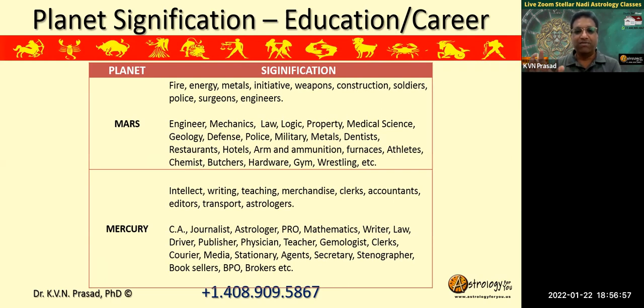After finishing MBBS, some people will study MD, some people will study MS, Master of Surgery. To become a surgeon, Mars has to be strong. Without Mars being strong, a person cannot hold a knife in his hand. Be it a surgeon, a policeman, a terrorist, a thief or anybody. A knife is also a weapon, and Mars is the karaka.